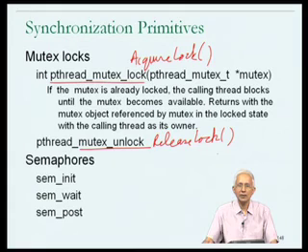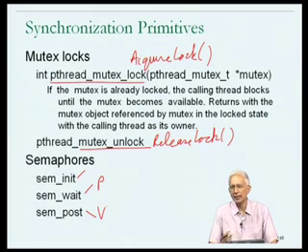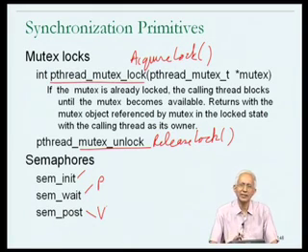And as far as semaphores are concerned, there is a mechanism to initialize a semaphore on many systems, and a mechanism to do the P and the V operations on semaphores. Whenever we see wait, that corresponds to the P operation, and post corresponds to the V operation, post or signal. Therefore, associated with these threading libraries, one does find support for the various issues that we saw in connection with concurrent programming.